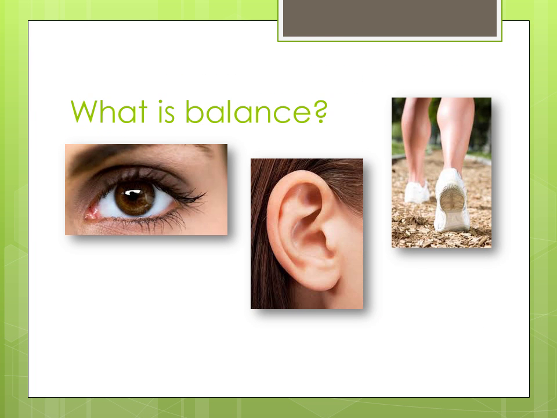So what is balance? Balance is what a person takes in through their eyes, what they take in through their ears in the vestibular system, and their proprioception, generally what they're feeling in their feet and their joints.